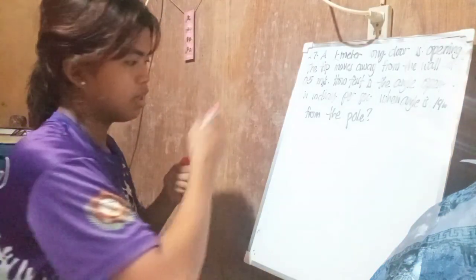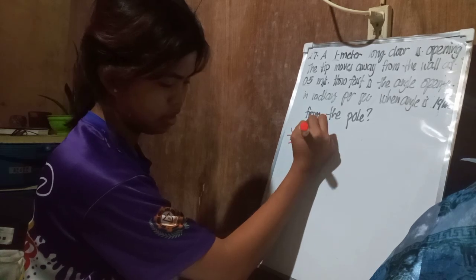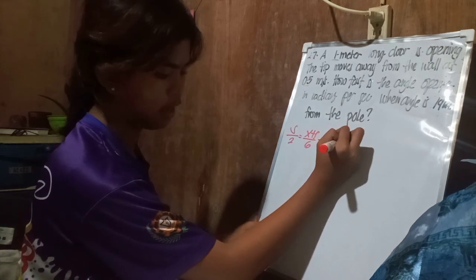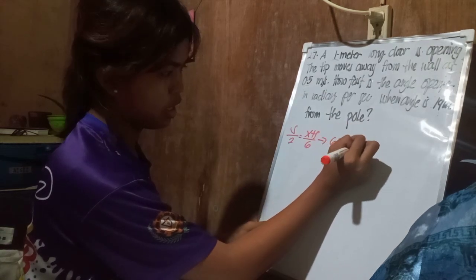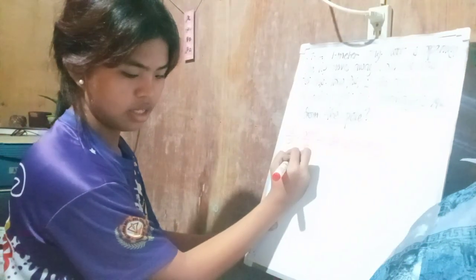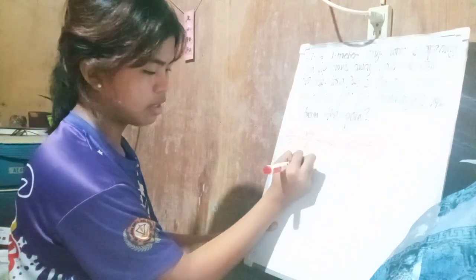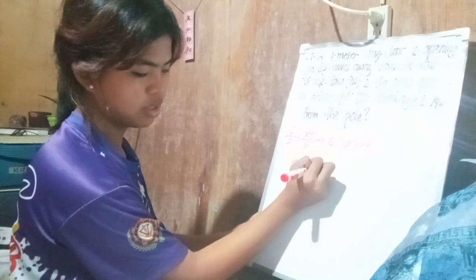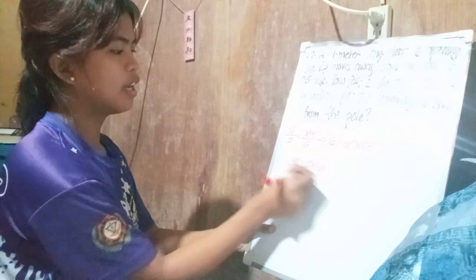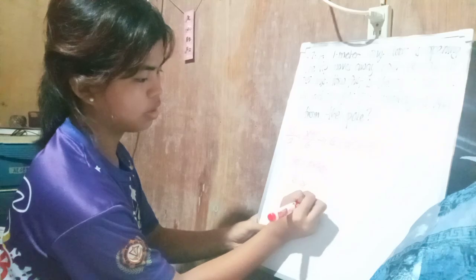So S over 2 is equal to x plus S over 6, so 6S equals 2x plus 2S. So, 4S equals 2x, S equals x over 2.